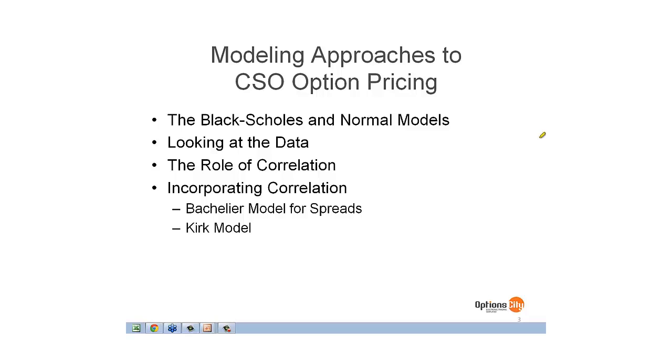So, starting with the Black-Scholes and the normal models, then we'll continue with some examples of data and then talk about correlation and how that shows up in the data. And finally, two models that cover correlation, namely the Bachelier model for spreads and the Kirk model.